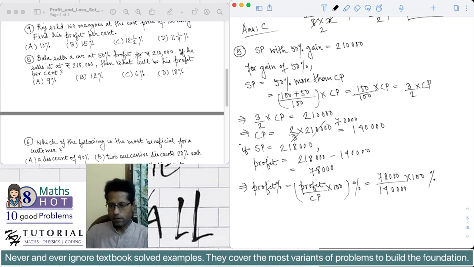If we simplify, the zeros cancel out, and we have 780 by 14, which gives 390.